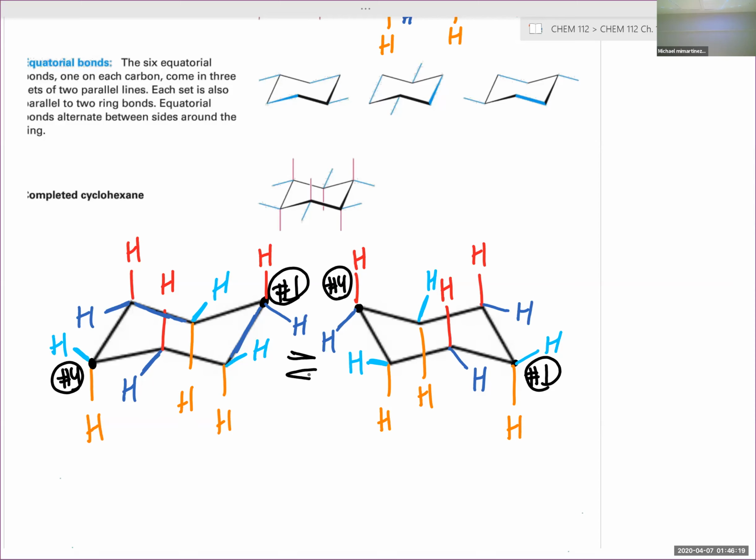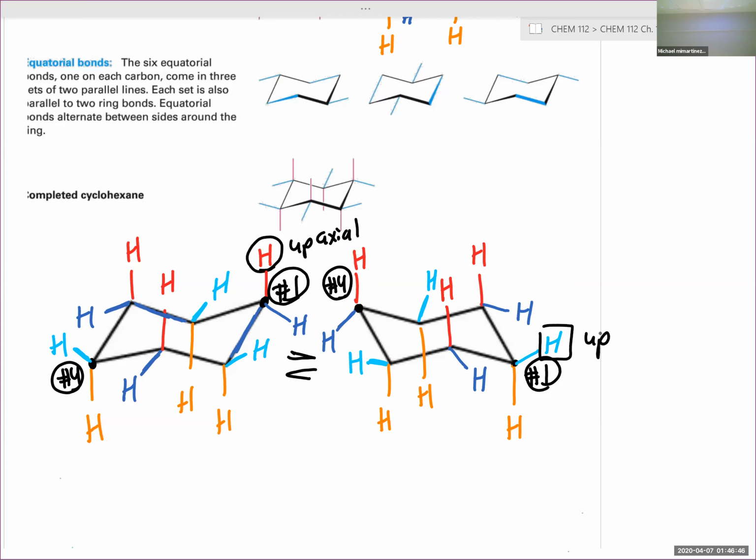And as a consequence, one thing I want you to focus on is if we look at this axial hydrogen, and we compare, so this is up axial, if we circle the same hydrogen that's pointing up, is this hydrogen on carbon 1 that's pointing up, is it axial or equatorial?